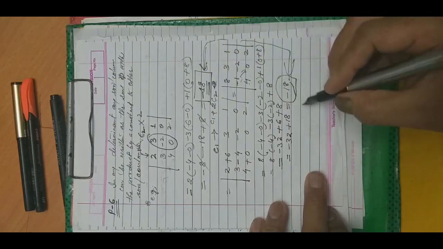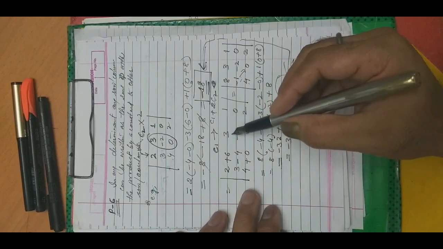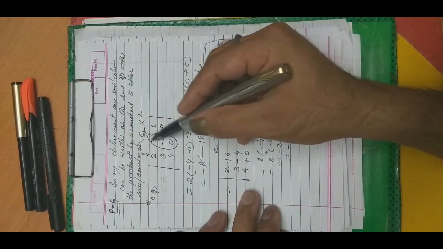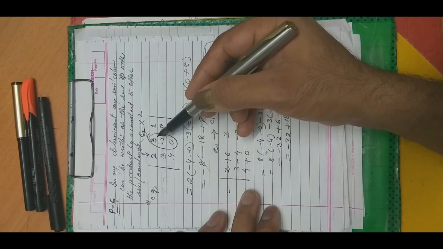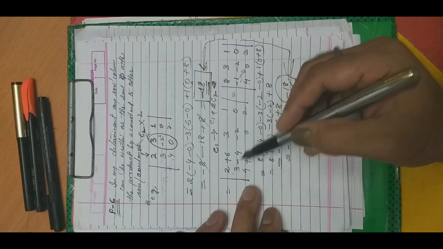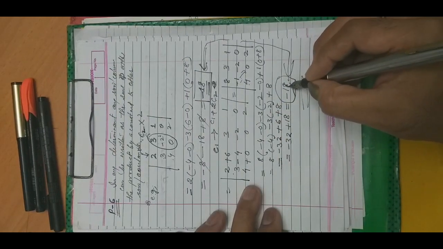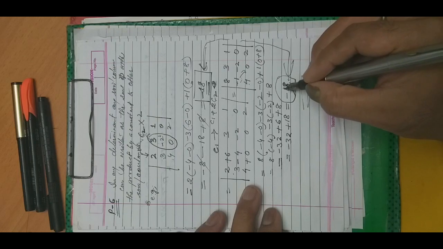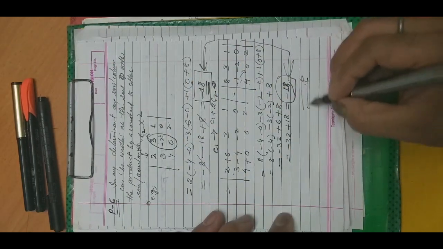That means this is the property: if we multiply any row or column by a constant and add that row or column into another row or column, then overall the value of the determinant remains unchanged. That means we can do this alteration at any point of time wherever we need.